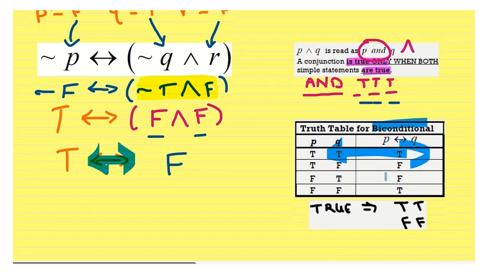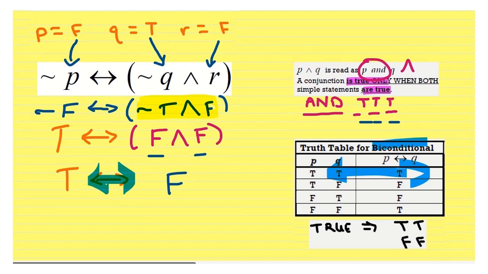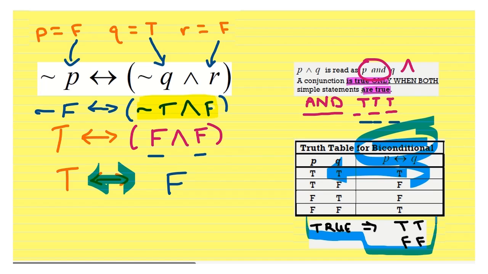And we have a cheat sheet here for that. Let's go back up and look. There we go. The cheat sheet says that a biconditional statement will be true only if we have true and true, or false and false. So basically, the two truth values must match.